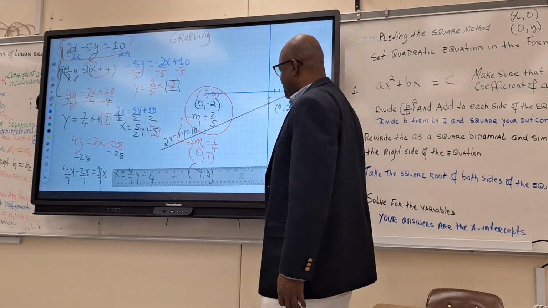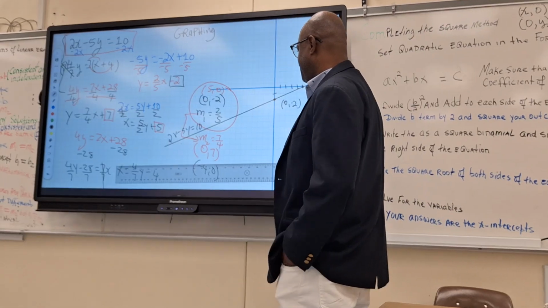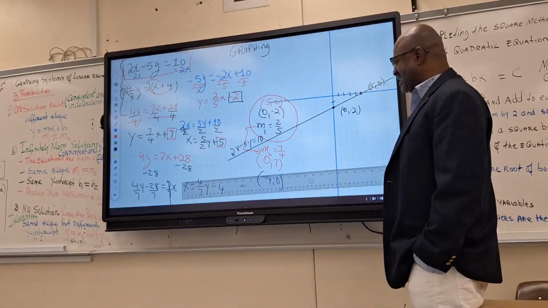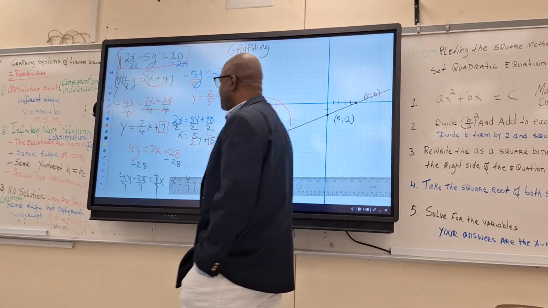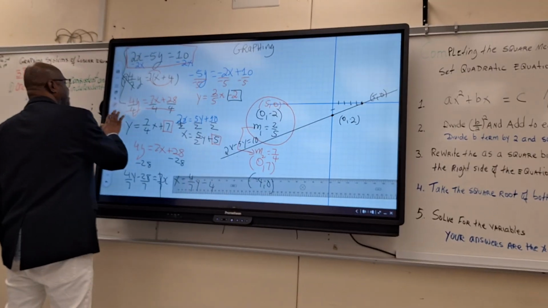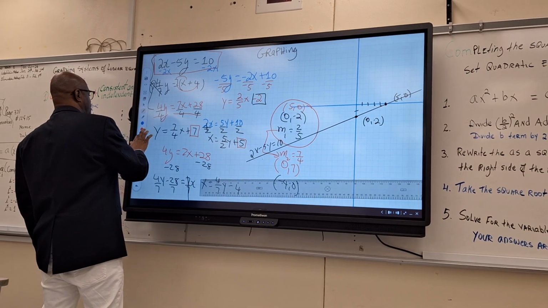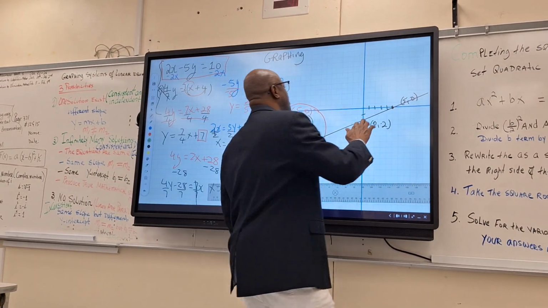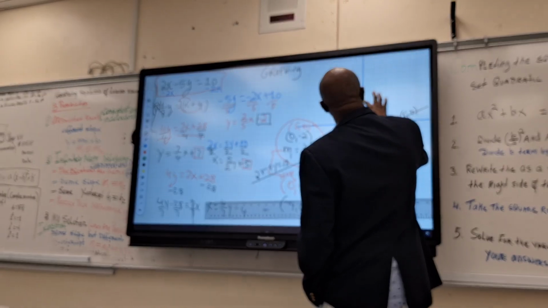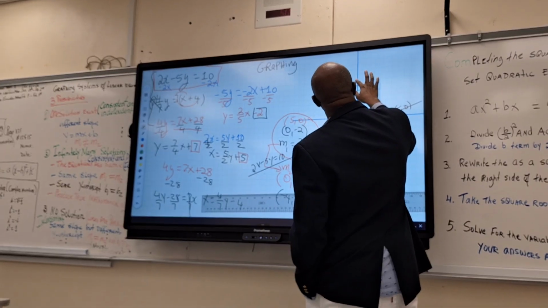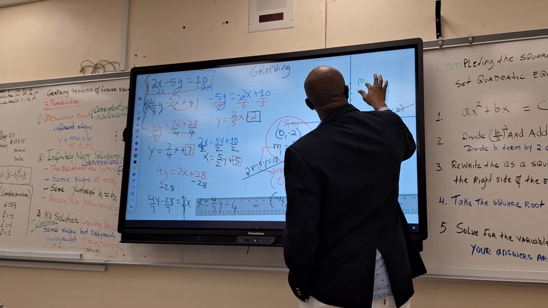And the other one, the y-intercept is 7. What do you do? You go up 7 units: 1, 2, 3, 4, 5, 6, 7. That is 0, 7.